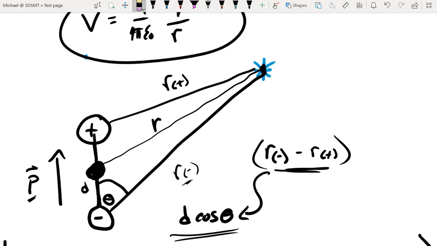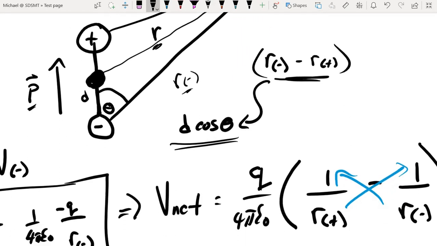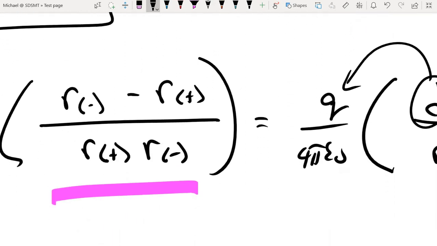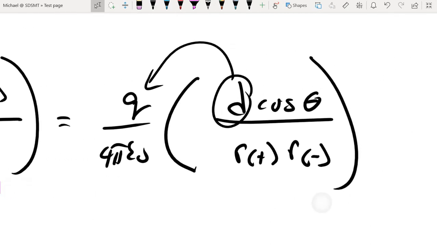So the last thing that I'd like to do with this diagram is, instead of using R positive, R negative in any of the mathematics, I'd like to take those values and see if I can replace them with just R. Now, we notice that in our expression down in the denominator, we have the product of R positive, R negative.